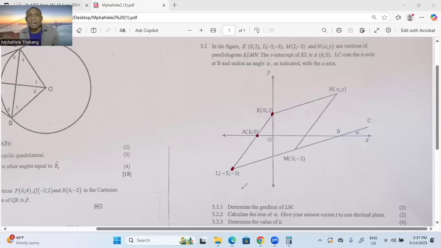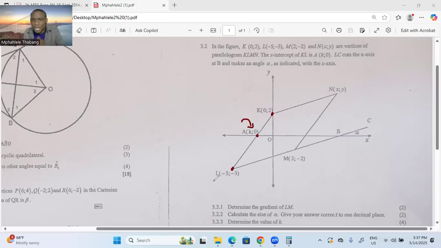Collinear points are points which lie on the same line. If I give you a line and I give you 3 points on the same line, we call these collinear points.